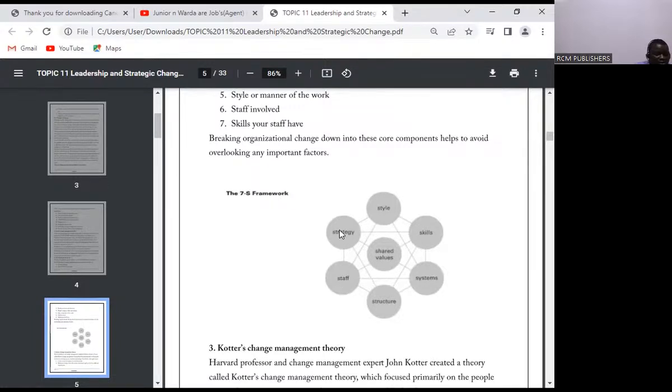The strategy is the course of action which you're going to pursue to achieve the identified business objective. So those are the 7 S that can guide the managers in implementing the change process. Talking about the style, the skill, the system, the structure, the staff, the strategy, then the last one, the shared values.